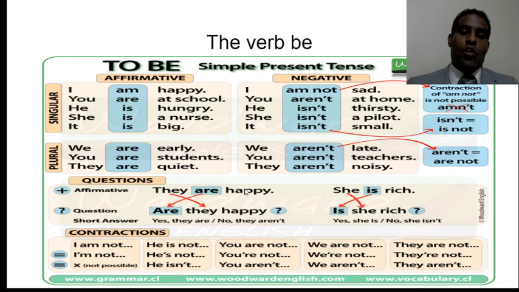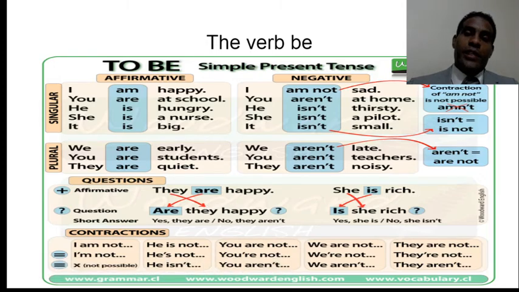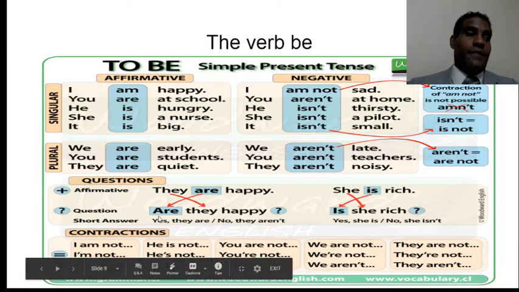In questions, we have here the structure of the question. When you have a question, then this is how you put it. In questions, the structure is different. When you have a question form with the verb be, then the verb goes first.